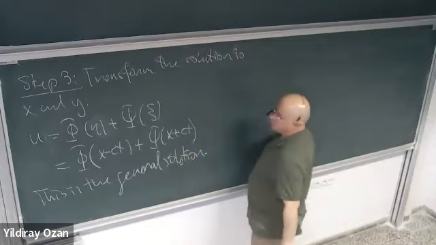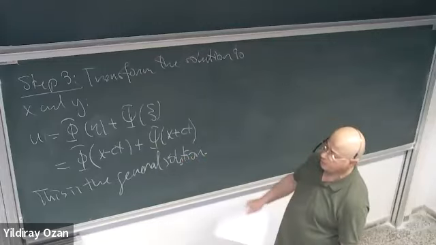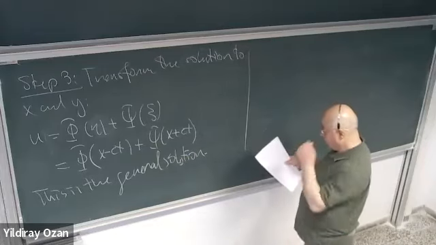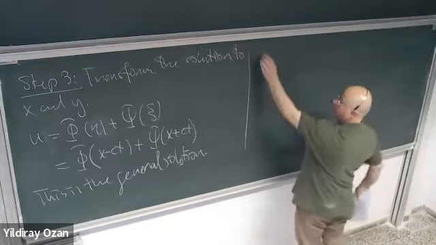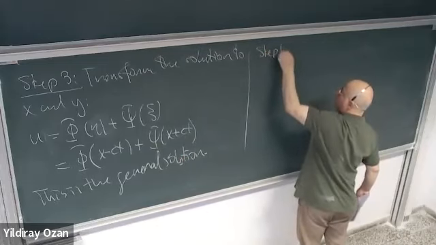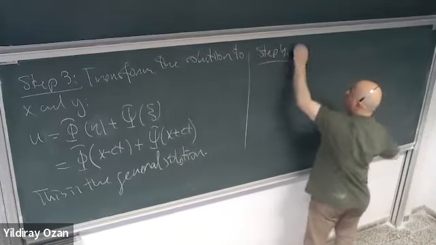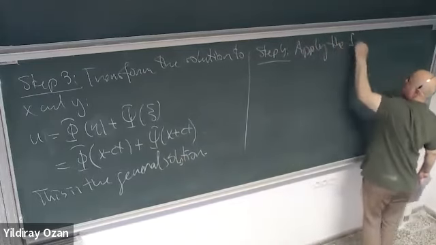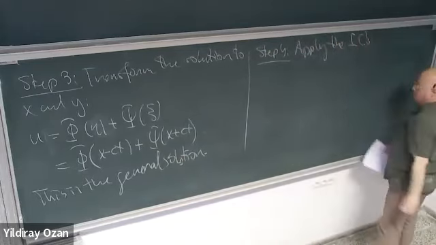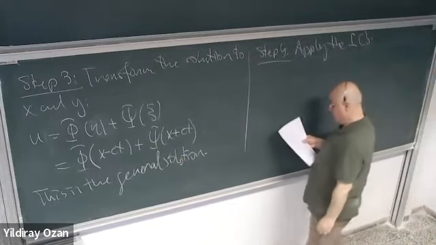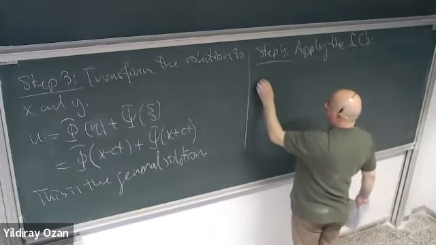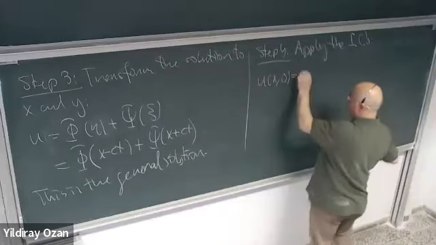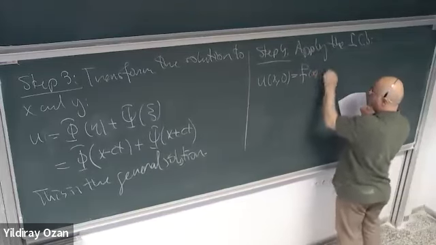But to find the solution of the initial value problem, we have to use the initial conditions. So let's do that. So step 4, apply the initial conditions. So what's the initial condition? u(x,0) is equal to f of x.